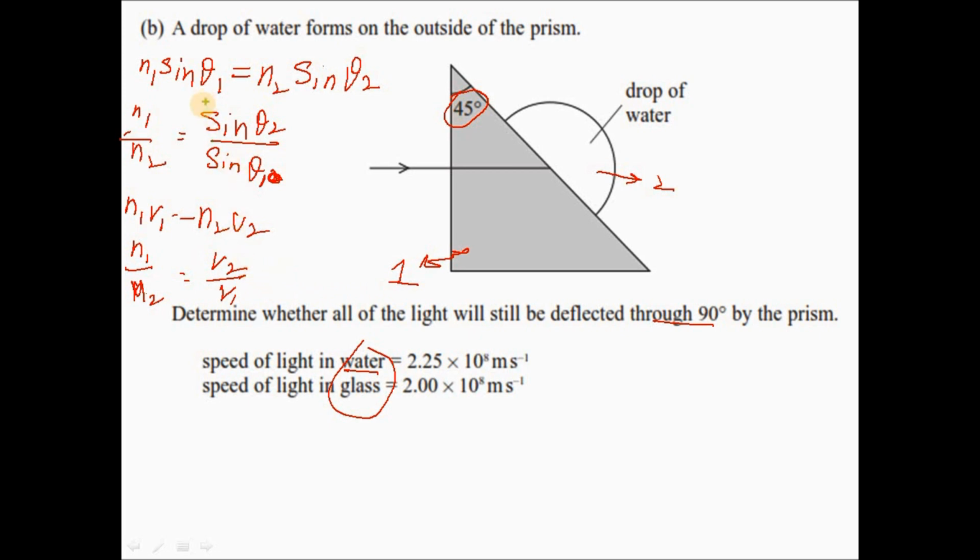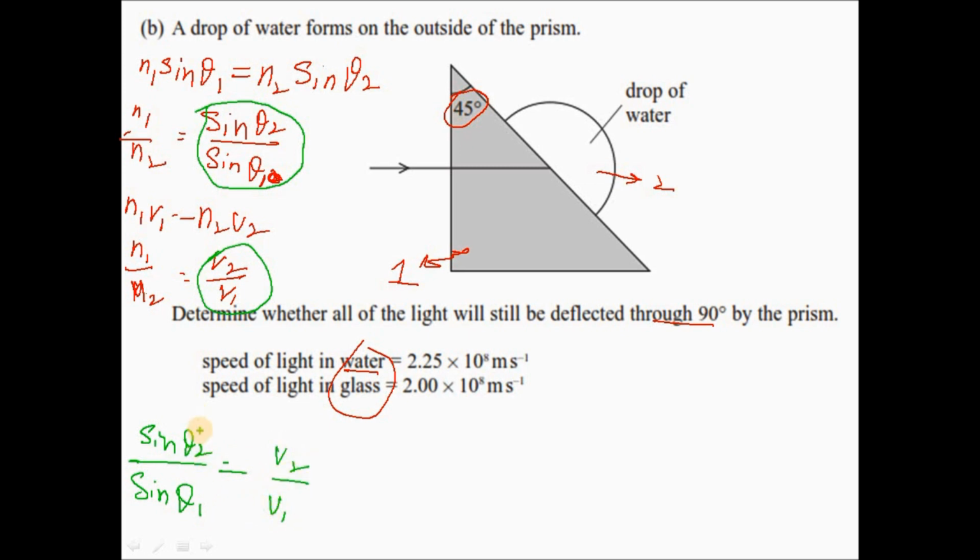So easily you can compare the right-hand sides of the equations and write that sine theta 2 divided by sine theta 1 equals v2 over v1. Then I'm going to figure out the value of theta 2 and compare. So I need to make theta 2 the subject.